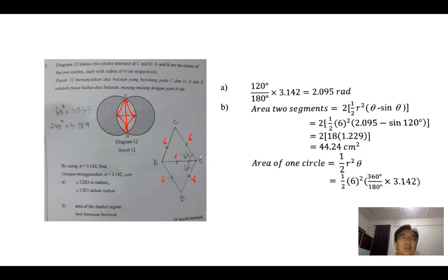So CBD is 120, not 60. 120 divided by 180 times 3.142, you get 2.095. Then the area of two segments is 2 times half r squared times theta minus sine theta, so you get 44.24. Okay. So the area of one circle, oh sorry, what is this one?